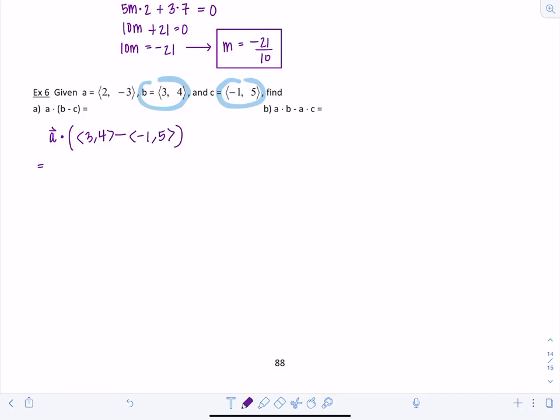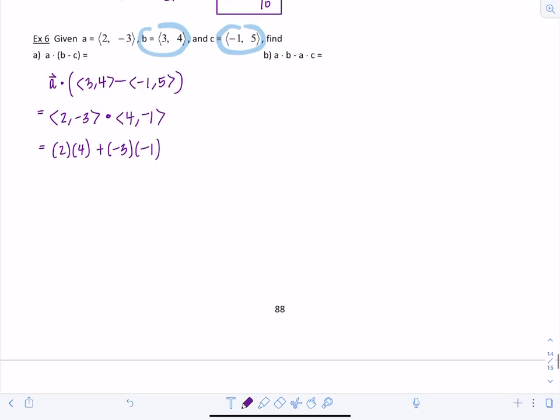So this is going to be A, which is 2, negative 3, dotted with, well, 3 minus negative 1, that's 4 for the first component, and then 4 minus 5, that's negative 1. And then I'm going to compute this dot product, so this is 2 times 4 plus negative 3 times negative 1. So this is going to be 8 plus 3, which is 11.